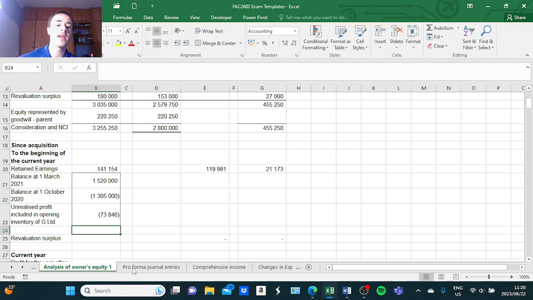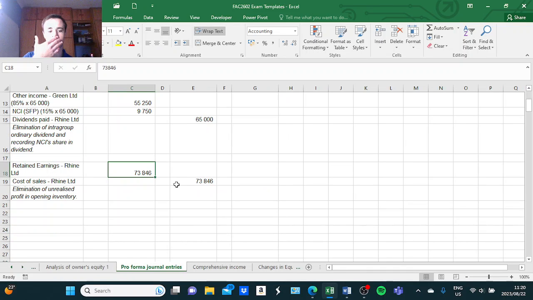Similarly, the second component, crediting cost of sales, will not only be shown in the consolidated statement of profit or loss and other comprehensive income, it will also be shown in the analysis of owner's equity, because it involves an unrealized profit. That adjustment will also be shown in the current year section.